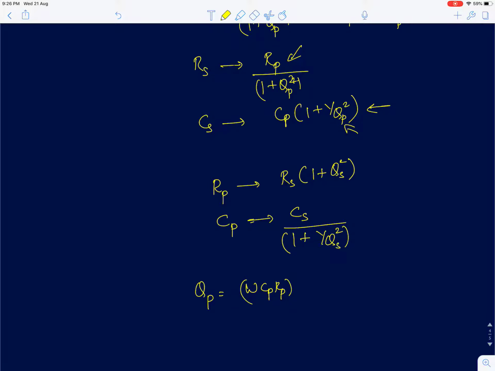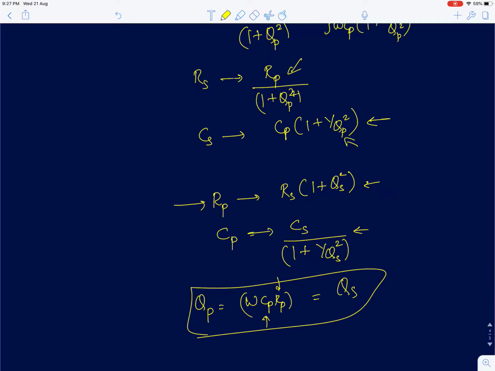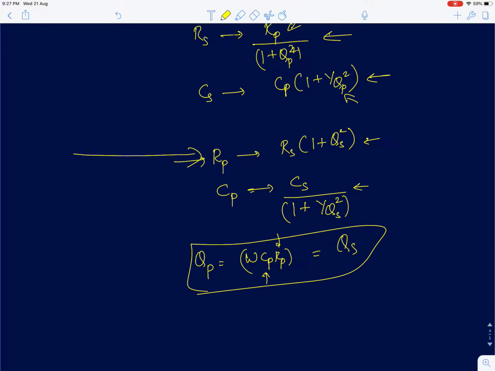This expression is in terms of Rp and Cp, so I can use these two expressions in place of Rp and Cp, and I'll actually get Qp equals Qs. Okay. So since Qp equals Qs, these two equations are the same. Whatever these two equations are saying, the set of equations are the same.